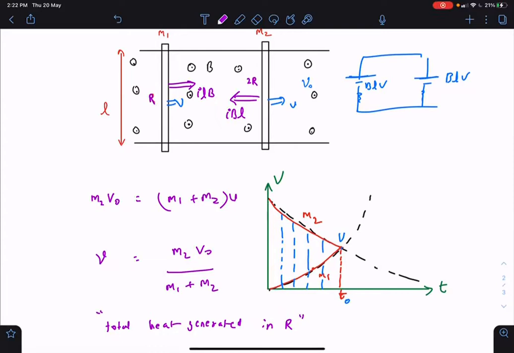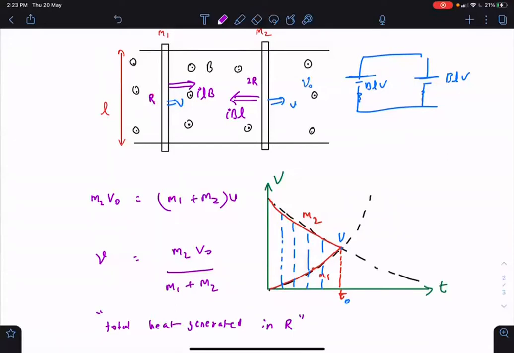Depend on kinetic energy change, sir. Correct. Very good. So at the steady state, when current has become zero, after that there is no heat generated. Heat is generated only up to the time when current is there, and current is there only up to the time flux is changing, and flux is changing only up to the time velocities are different.